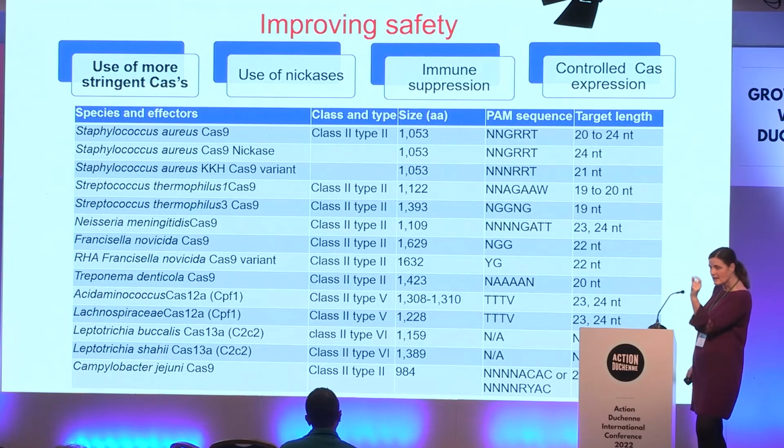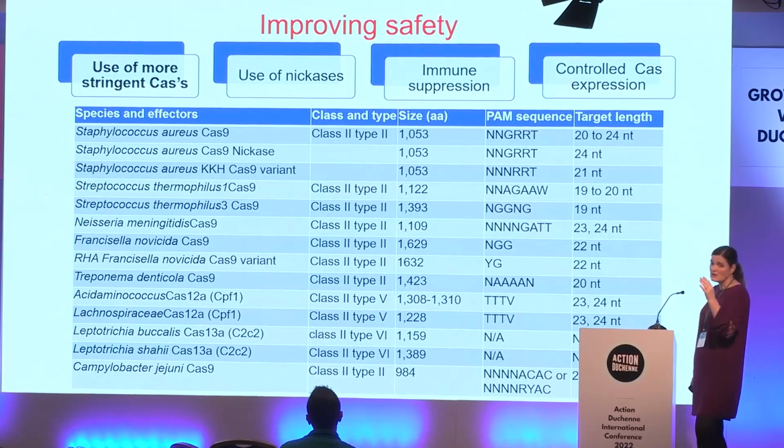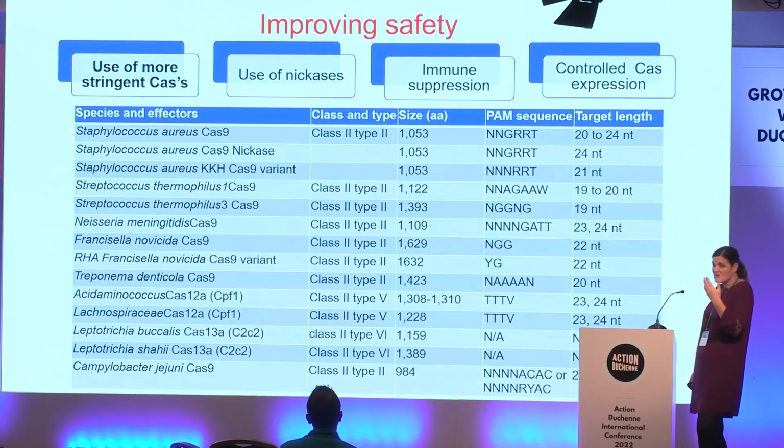They bind, and then they need that sequence beside where they're binding to do the cutting. So for SpCas, the widely used one, it's a really simple sequence. It's just NGG, so it's 3 nucleotides on your DNA. And that NGG occurs once in every 32 base pairs, so you're quite likely to get non-specific cutting.